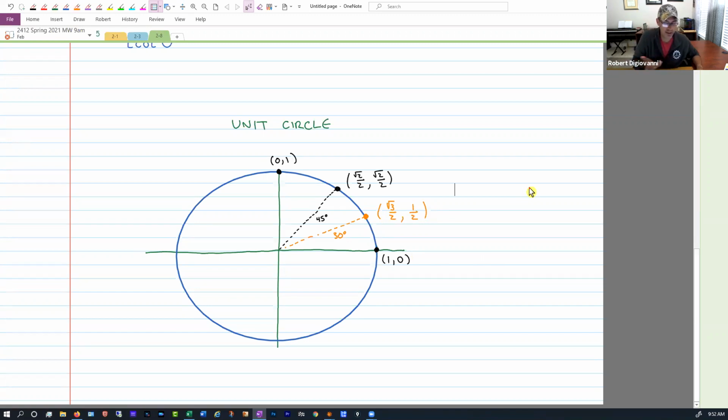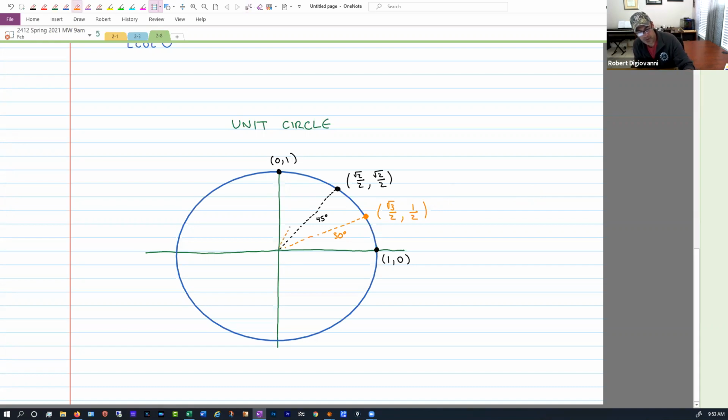Now, we could get on our calculators to see what these numbers are as decimals, but we need to memorize them in their exact form, which is √3/2 and 1/2. Does everyone understand that I am telling you this and you're taking it on faith, and you're just like, okay, I just need to know that now, all right? This is not me trying to explain to you why it is this way. Just here it is, all right?